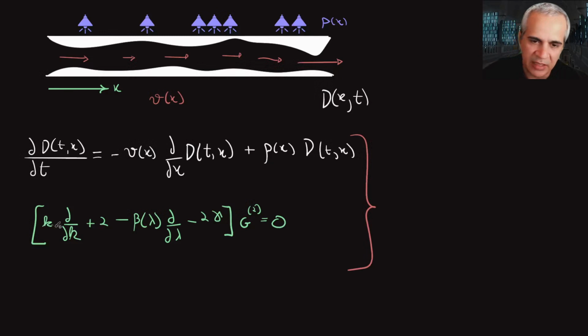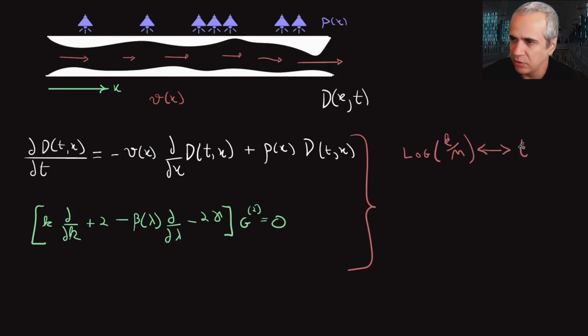Since I have k, the delta k here, and here I just have the time derivative. This is a log derivative, right? So log of k over m will be mapped on t, right?